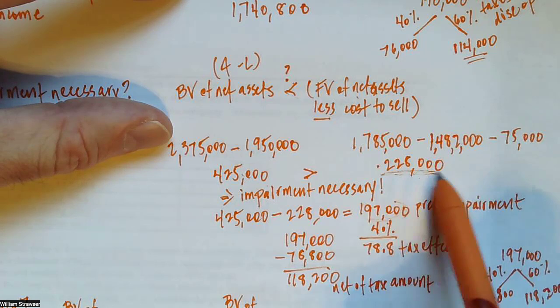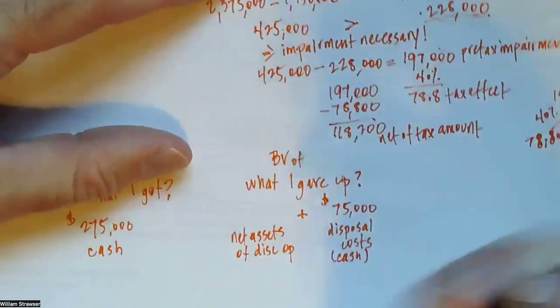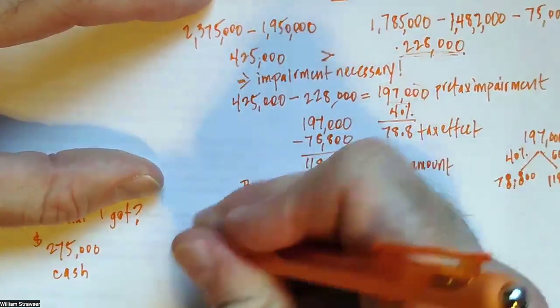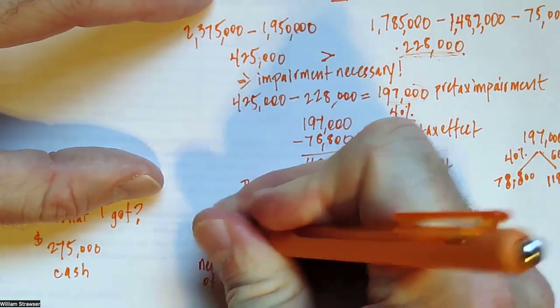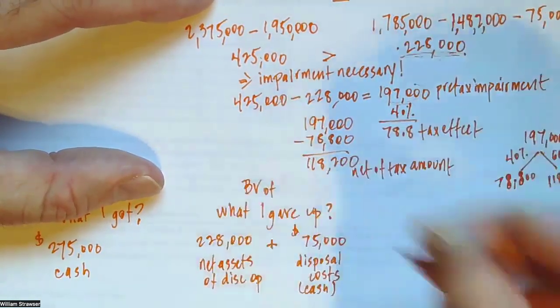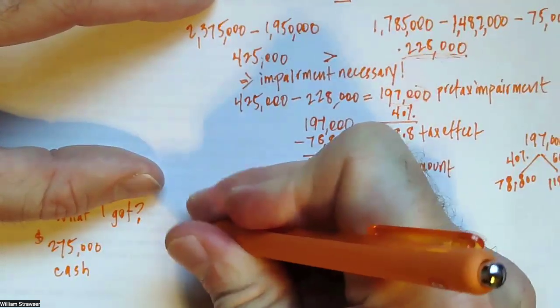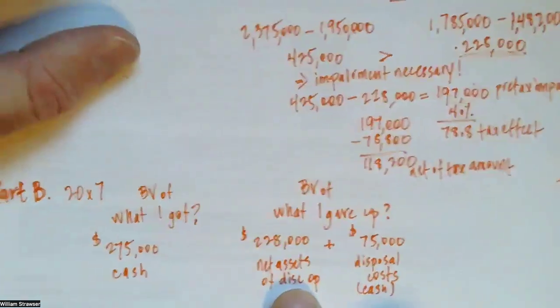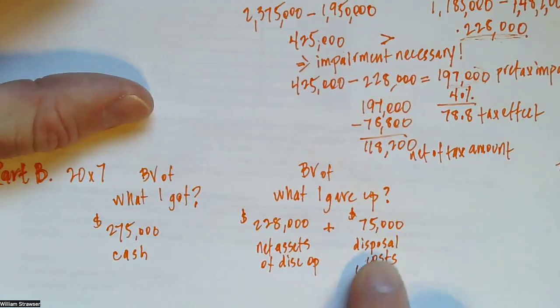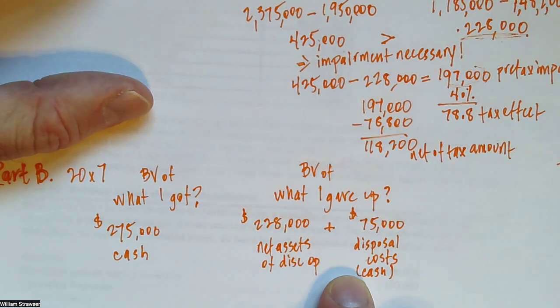This is my new book value after impairment. So I take that amount, and because I gave up not just those net assets, but also $75,000, I have to think about them both when I'm considering what I got versus what I gave up.